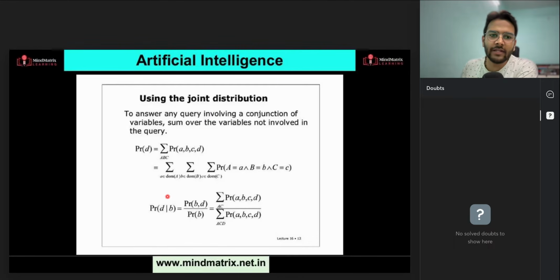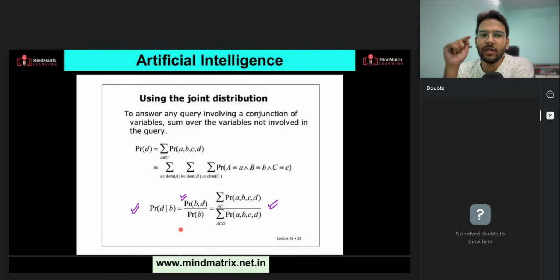And further, if I talk about any conditional probability, let's say probability of D given B, we can write it like this. These are all expressions that we already know, right? This is nothing but the probability of B comma D, that means B intersection D, divided by probability of B, right? And we can also represent this in this way, where we have hidden variables.